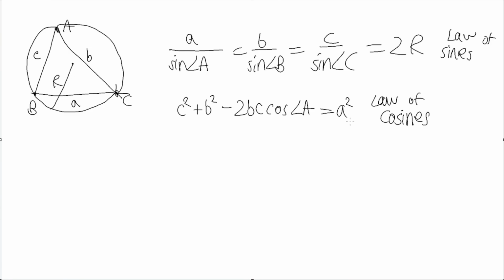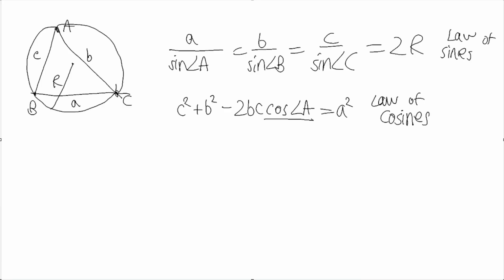And here are some applications of the theorem, some basic ones or corollaries. So if cosine A is equal to 0, that implies that angle A equals 90, and c squared plus b squared equals a squared. And this is exactly the Pythagorean theorem. So that's one way to apply the law of cosines.